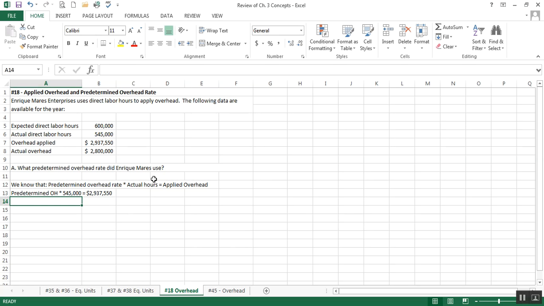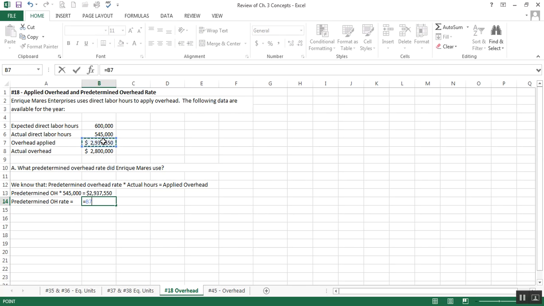If we rearrange the formula, our predetermined overhead rate equals the 2,937,550 divided by the actual hours. So the predetermined overhead rate in this case was $5.39 per hour.